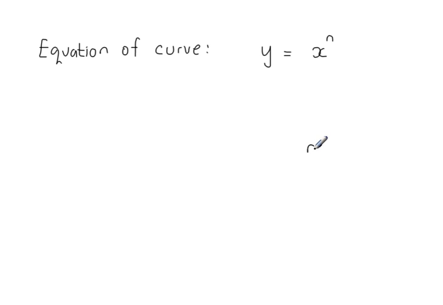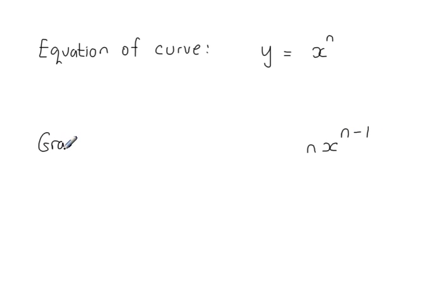If the equation of a curve is y is equal to x to the power of n, to work out the gradient on this curve, we use the function n times x to the power of n minus 1.